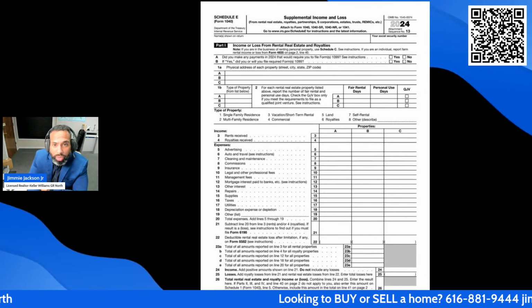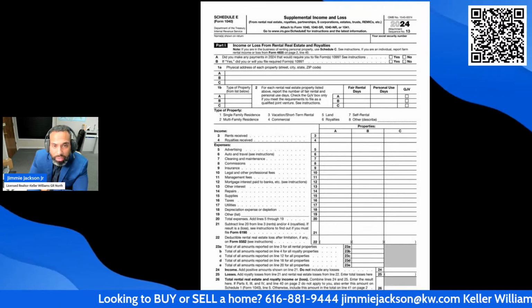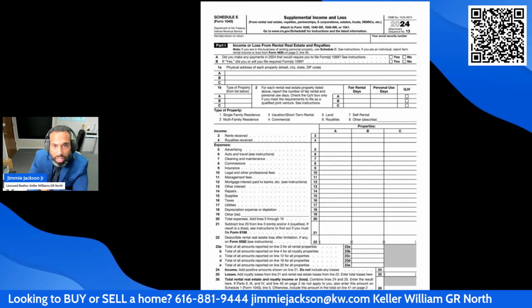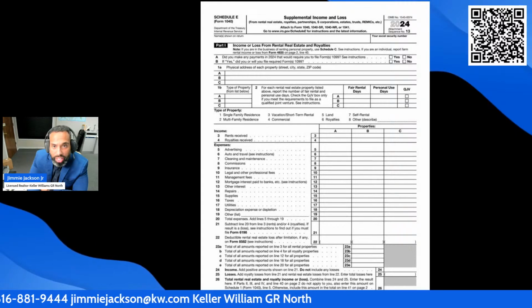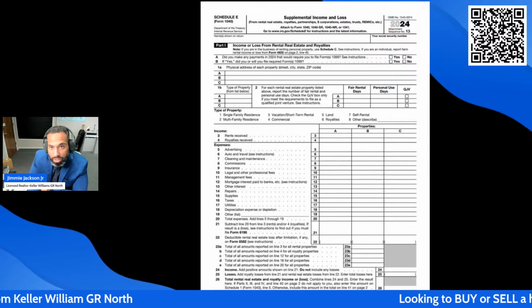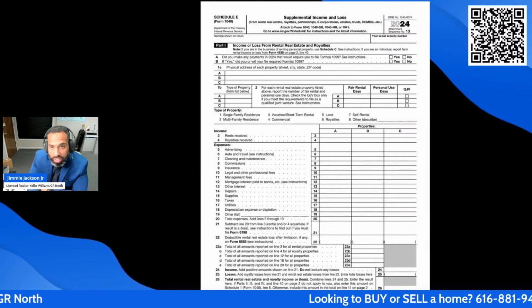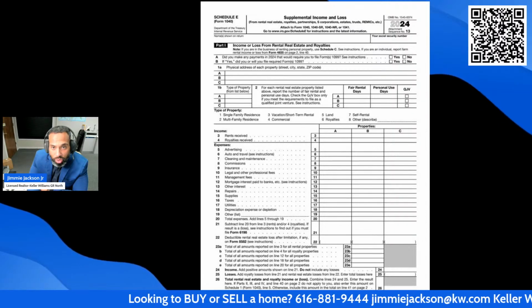Like it says right here at the top, supplemental income and loss. This is where you report your income, if you see where the mouse is, from your rental real estate, royalties, partnerships, S corporations, estates, trusts, and REMICs. So you attach a Form 1040.